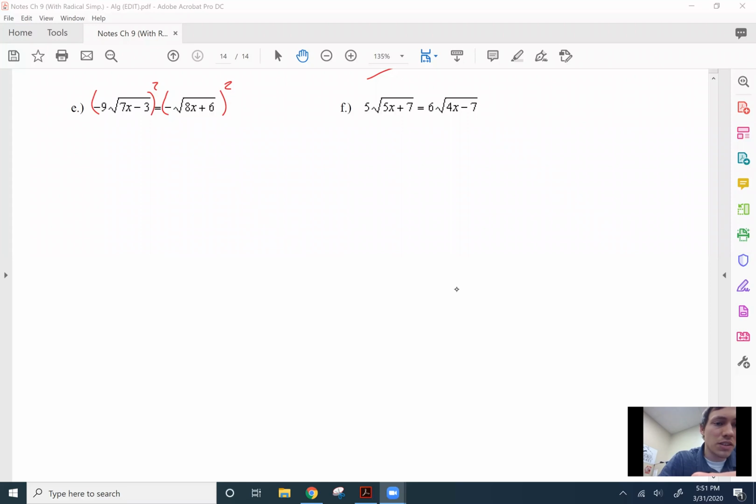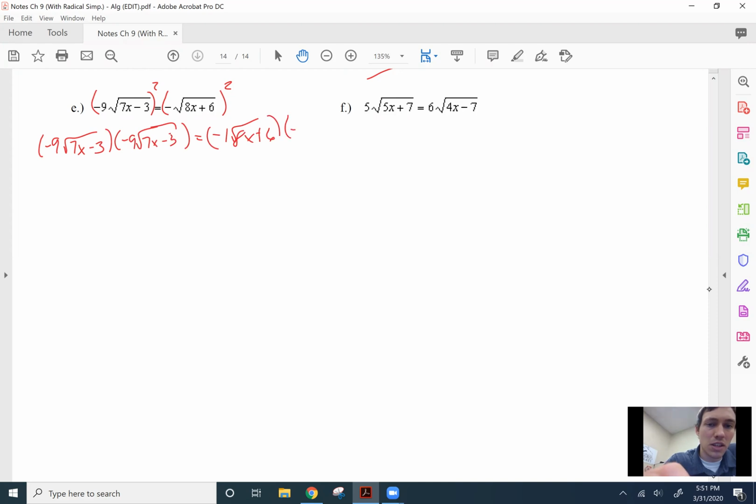So when I square this, essentially what I'm doing is taking -9 times the square root of 7x minus 3, times -9 times the square root of 7x minus 3, equals -1 times the square root of 8x plus 6, times -1 times the square root of 8x plus 6. That's essentially what I'm doing.